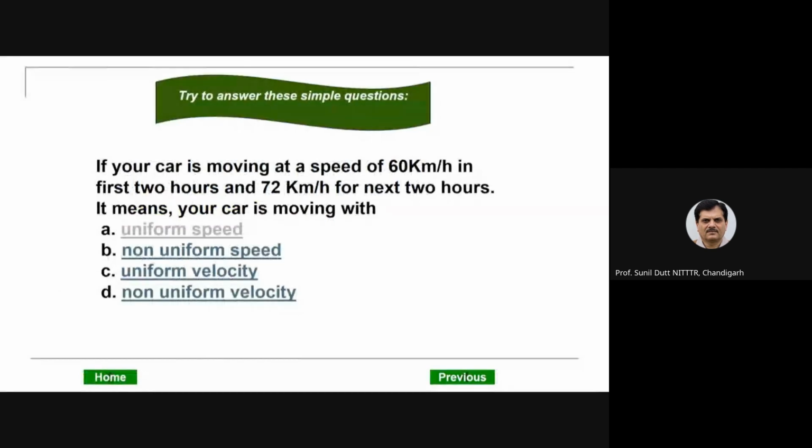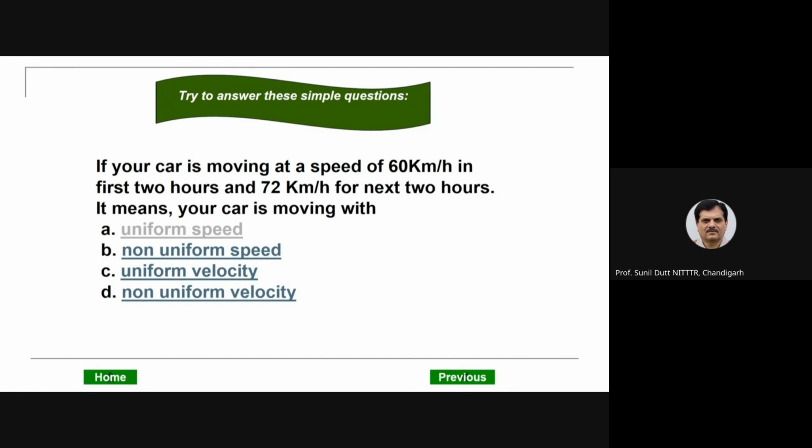Now, in this slide, we want to test the prerequisites possessed by the learner. So, some questions are given. For example, if your car is moving at a speed of 60 km per hour in first 2 hours and 72 km per hour for next 2 hours, it means your car is moving with. Now, there are four options, and the student will select one of these four options.